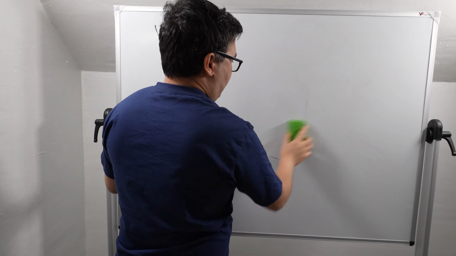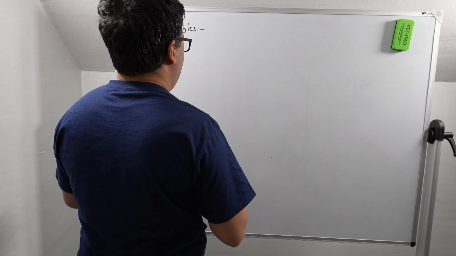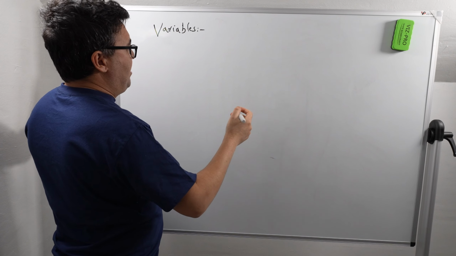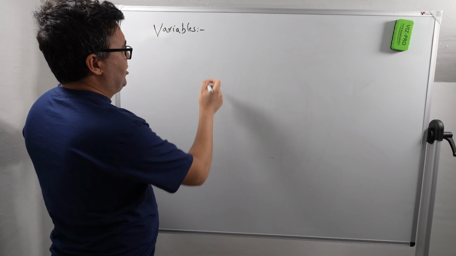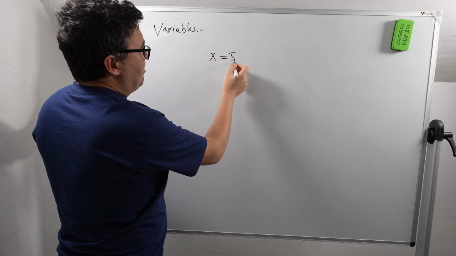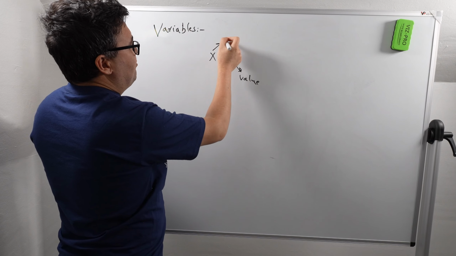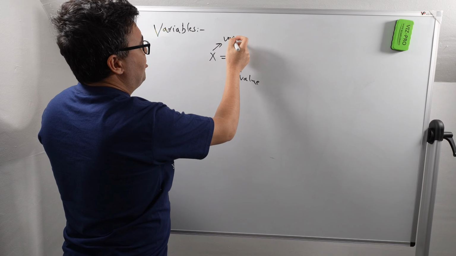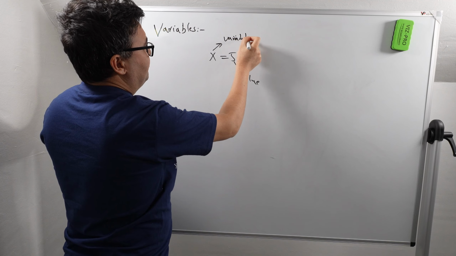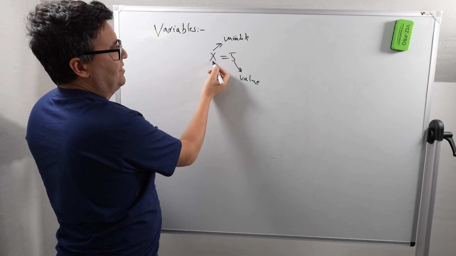We also studied this at school. In school we have a math subject, where it says x equal to 5. So 5 is a value and x is a variable which stores the value.